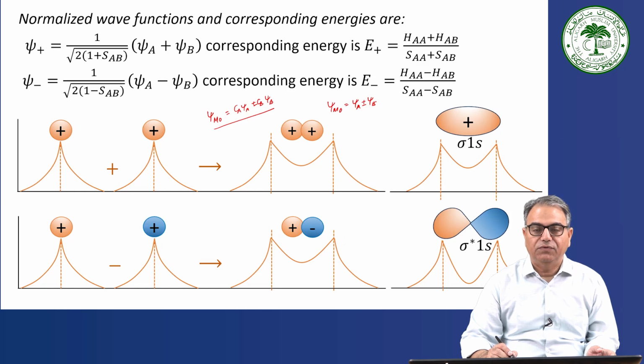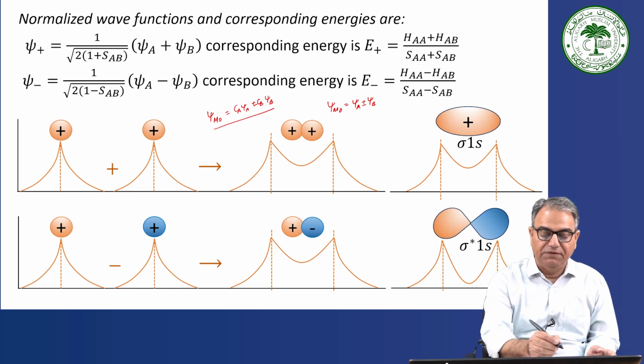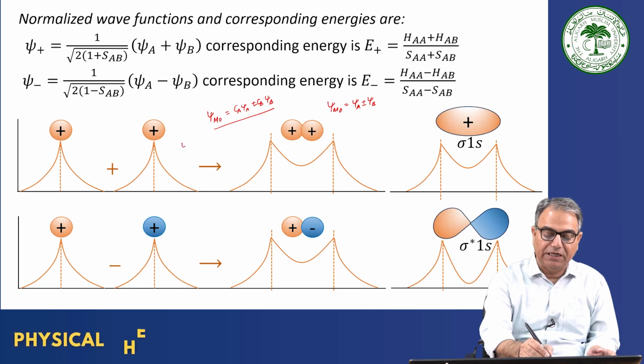If you square the function, you get the probability density. If you square the individual psi A squared and psi B squared and sum up the individual atoms' probabilities, you get this one.